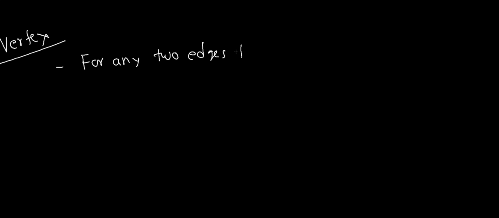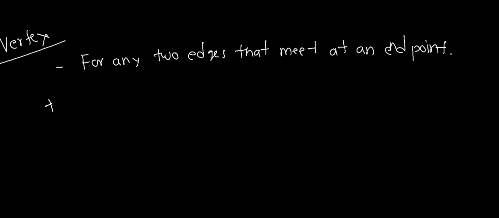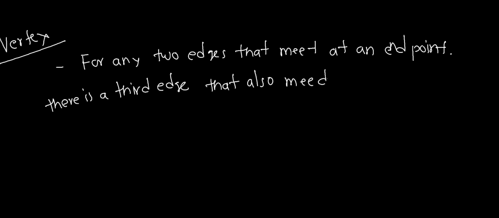Then vertex. We'll write down, for any two edges that meet at an end point, there is a third edge that also meets them at the end point.